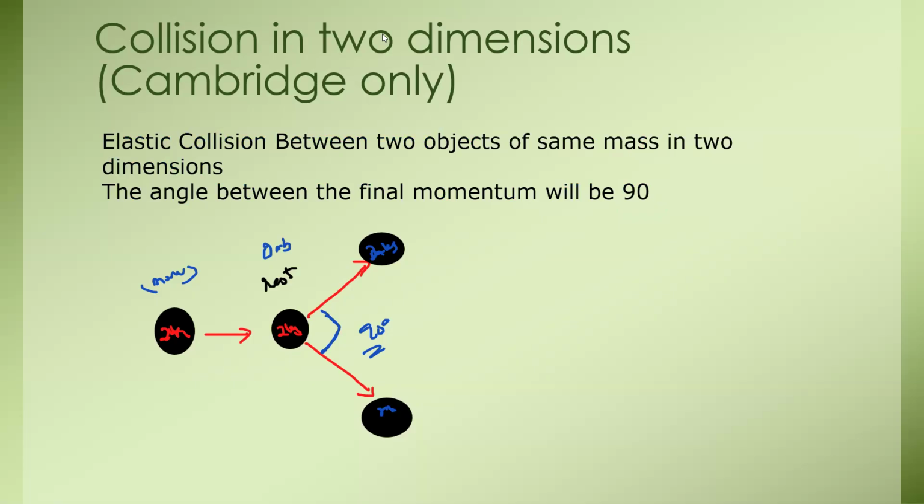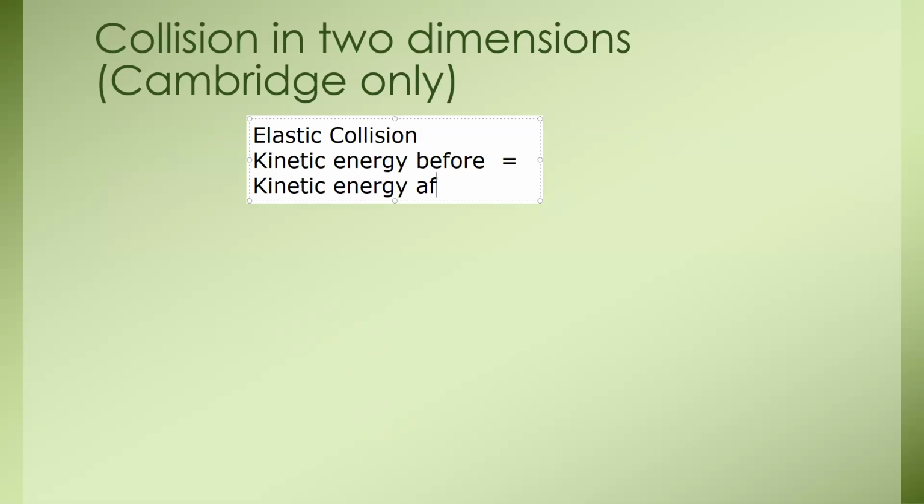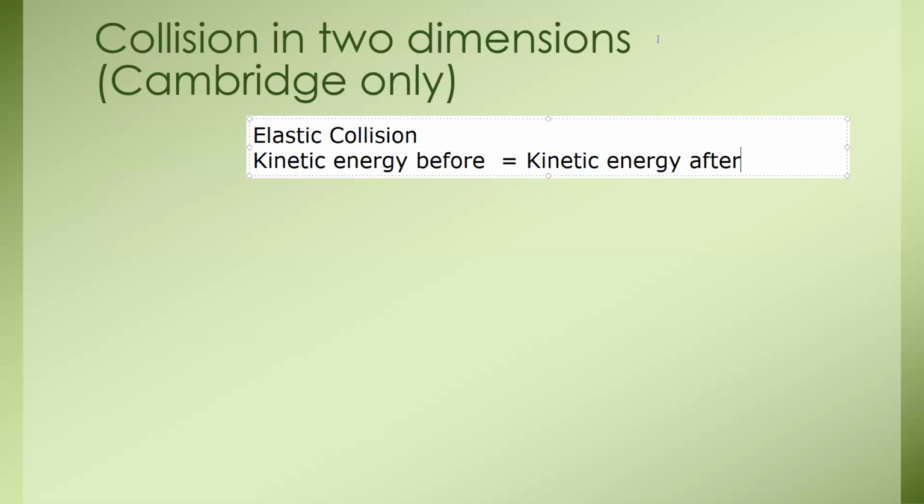Look, we know in elastic collision, the total kinetic energy before is equal to the kinetic energy after. That is what we say. For example, we have two objects of the same mass.